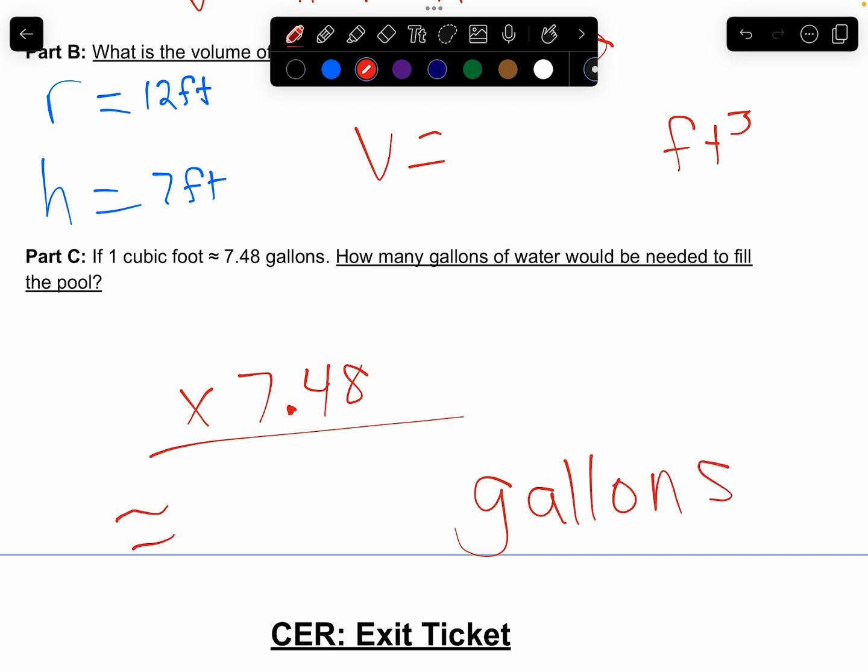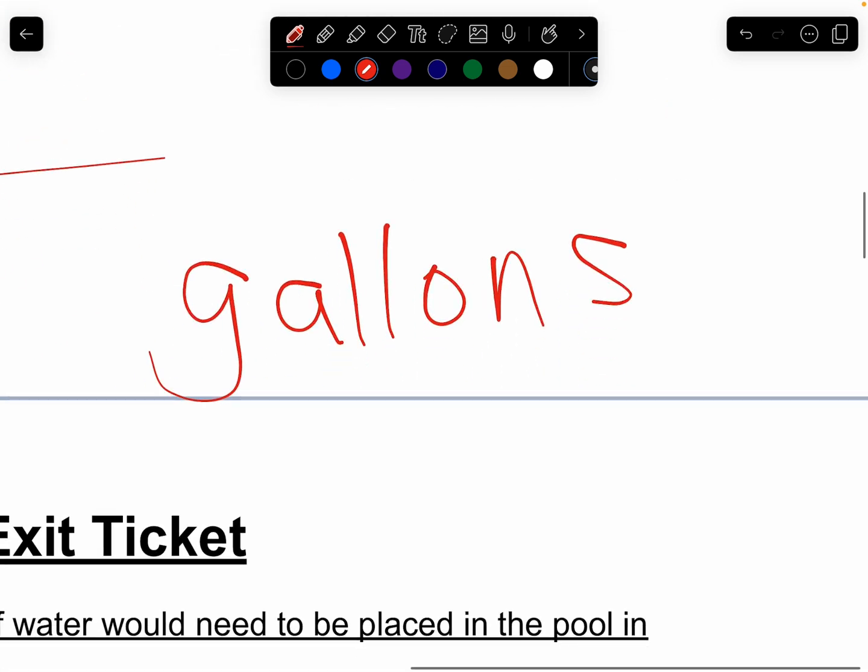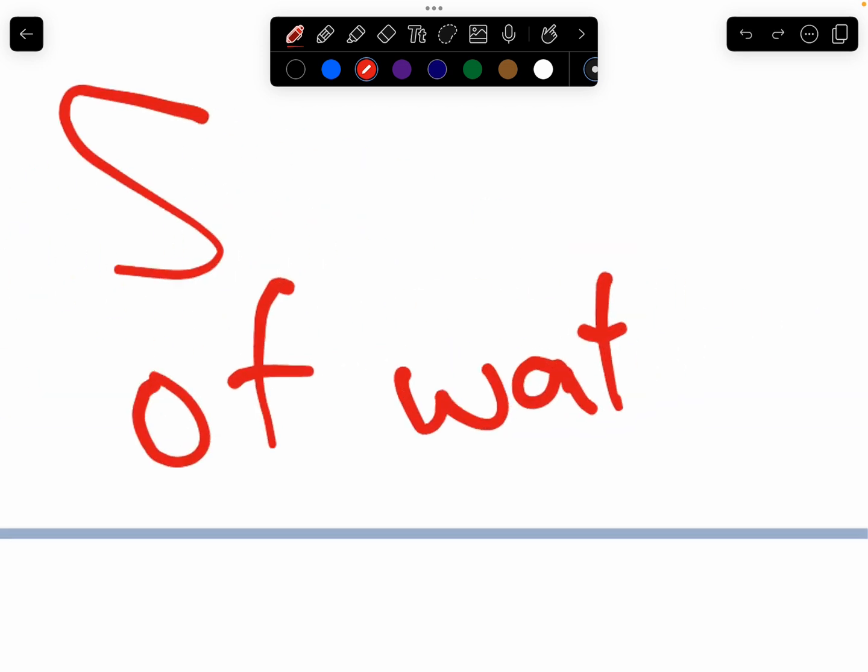So whatever number you got, you write that up here, multiply that by 7.48, and look, it's asking how many gallons of water would be needed to fill the pool. Here, you guys are just going to put this many gallons of water. Jeez, I can't write either.